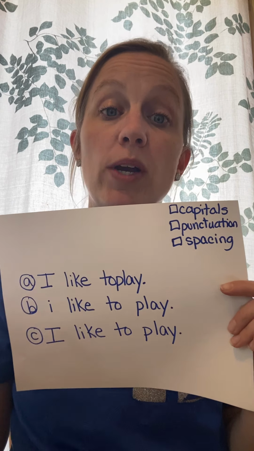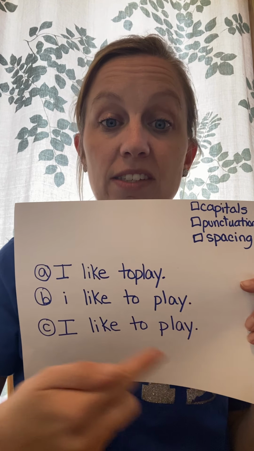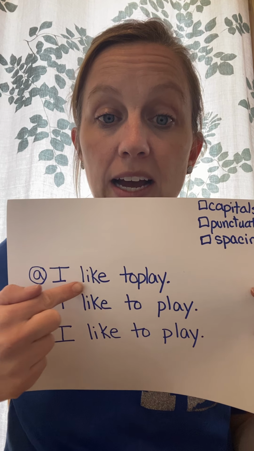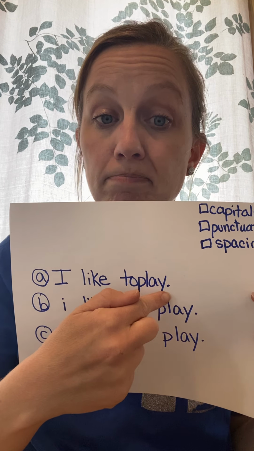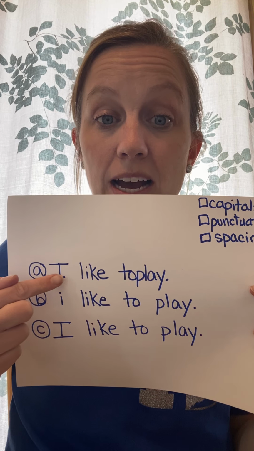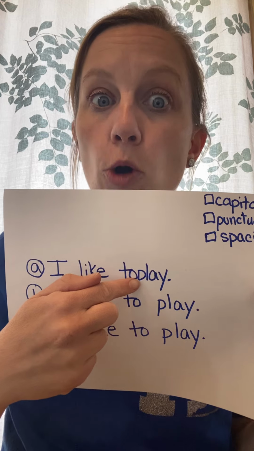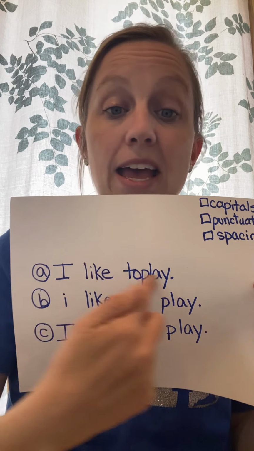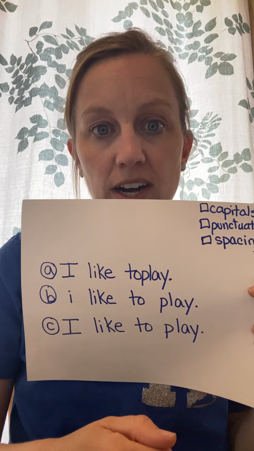Punctuation. We check for punctuation at the end of the sentence. So let's see. Clap your hands if I have a punctuation problem. I like to play. There it is. Good to go. Now let's check spacing. I like to. I hope you're clapping your hands. There should be a space between to and play. A is not my choice for a correct sentence.